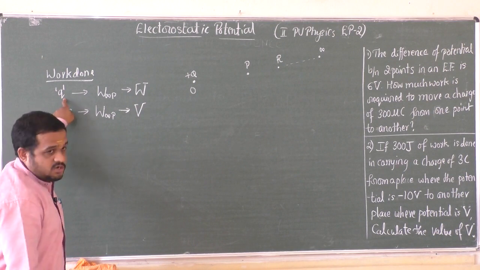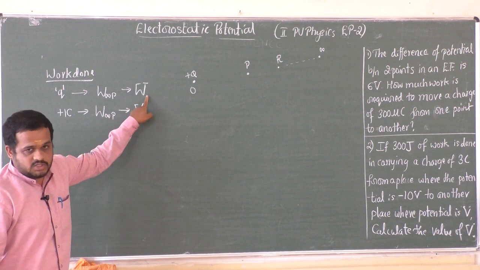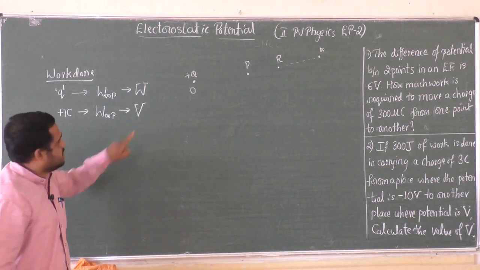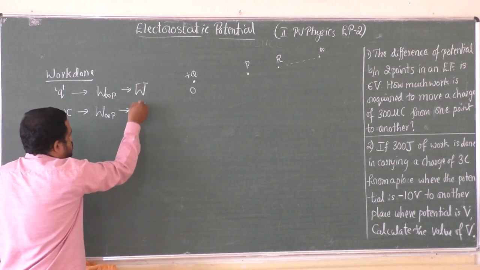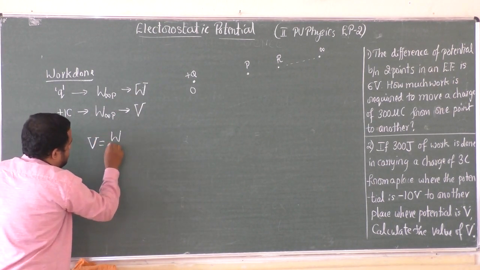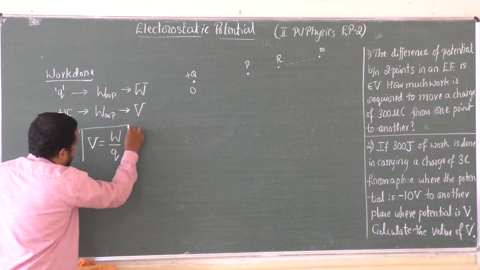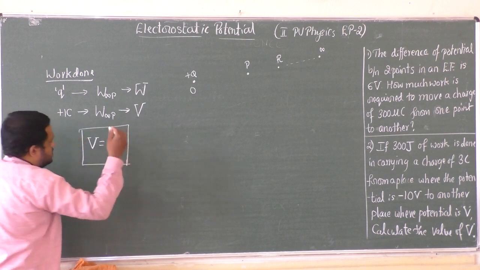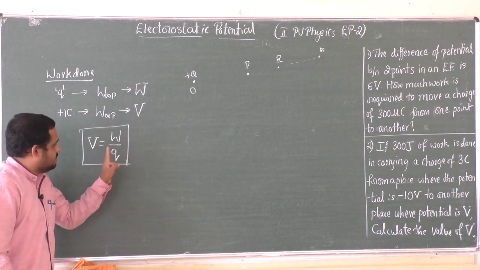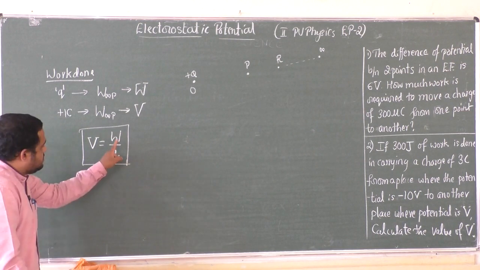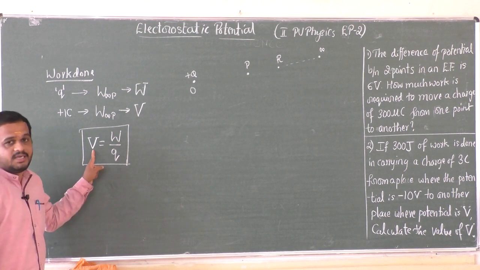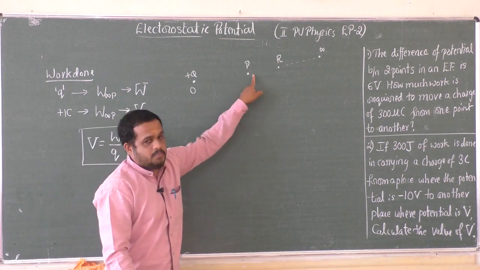In case of charge of magnitude Q, the work done is W. In case of unit positive charge, the work done is V. That means we can relate these two quantities as potential V is equal to W divided by Q. This is the relation between electric potential and work done for any charge of magnitude Q. If you divide the total work done by the magnitude of charge, this quantity gives work done per unit charge, and this is nothing but the electrostatic potential at point P.